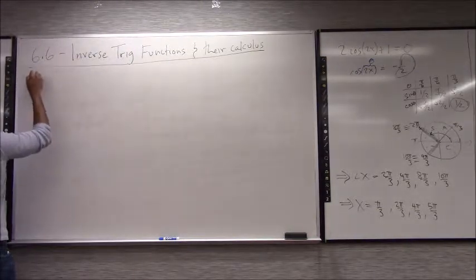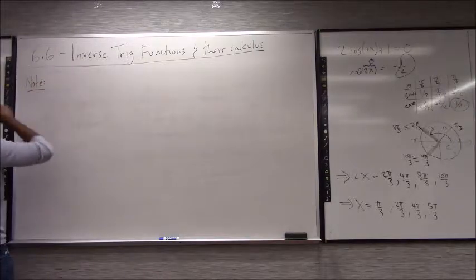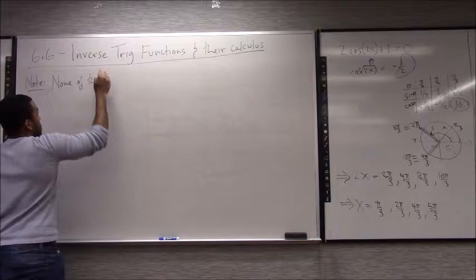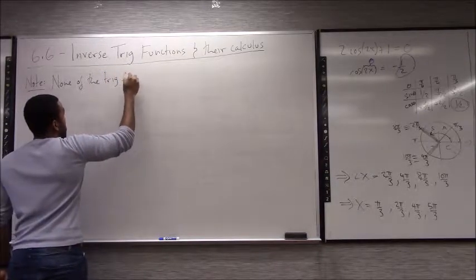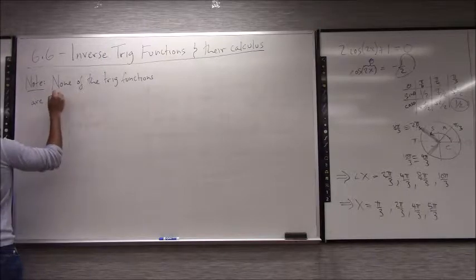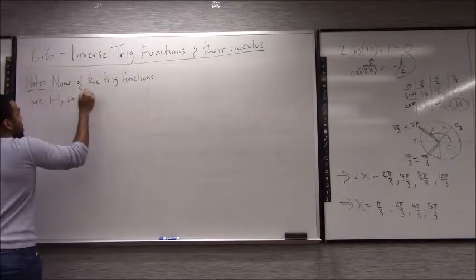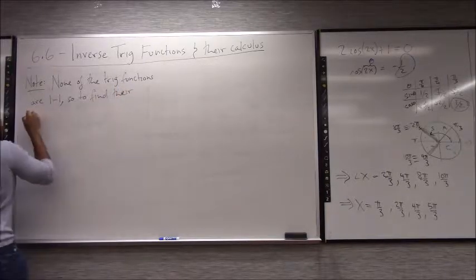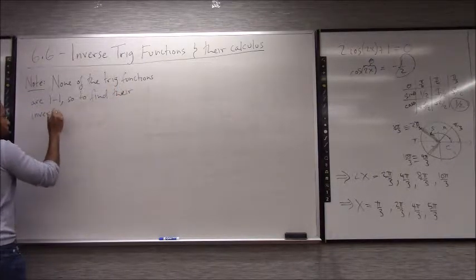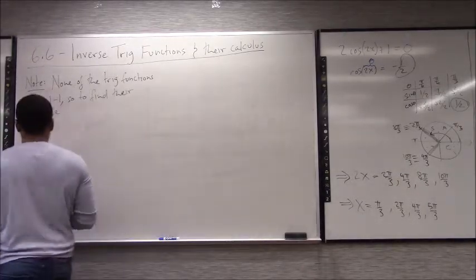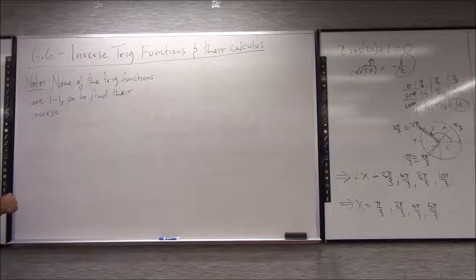One thing I want you to note is that none of the trig functions are actually one-to-one. So to find their inverse, because I don't remember if I mentioned this, you can only find the inverse of a function if it's one-to-one, and the codomain is equal to the range. Okay.